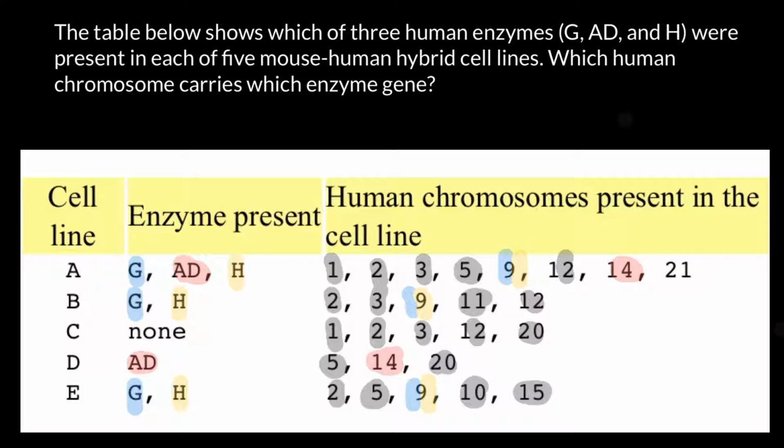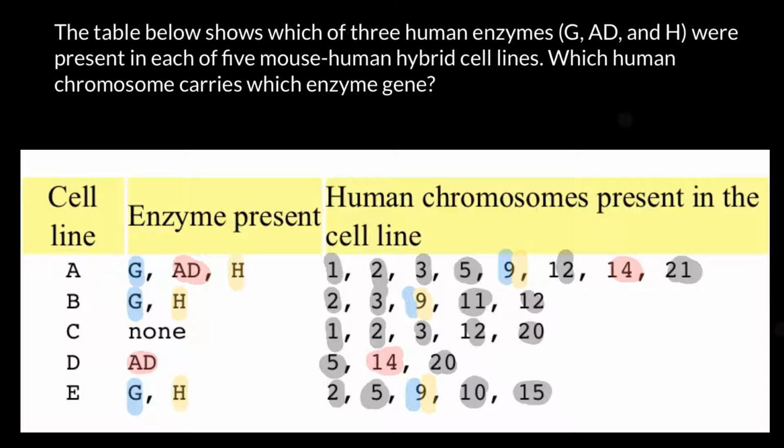And we can exclude chromosome 21 because this chromosome is not present in cell line D, but still cell line D has this enzyme. So we know that the gene is not on chromosome 21.